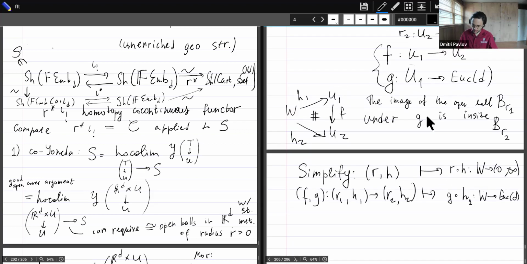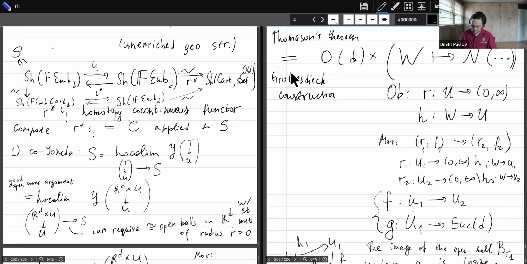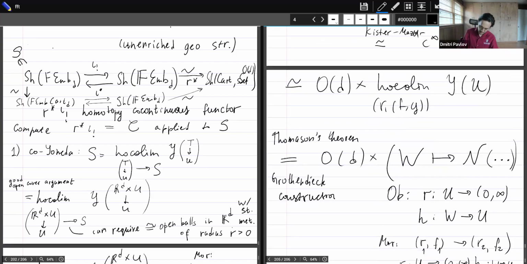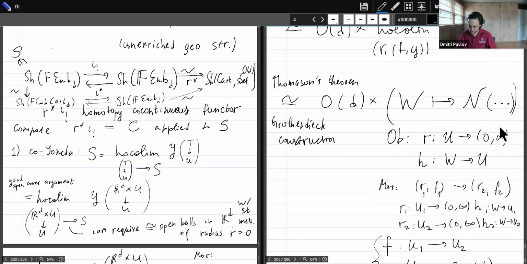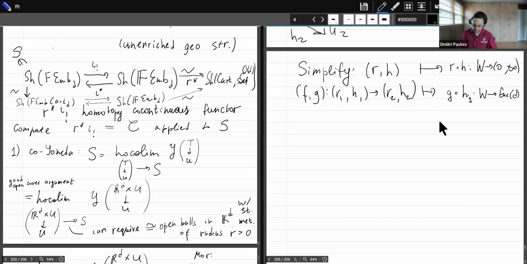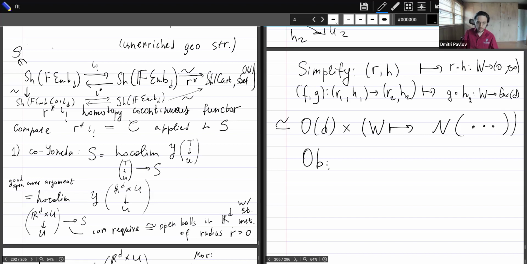So the whole category constructed, maybe I should have said this is at least homotopy equivalent to, this whole category was simplified to a much easier category, namely W now gets sent to the nerve of the category with a much easier description. Objects will now be, let's say, smooth maps capital R from W to (0, infinity).